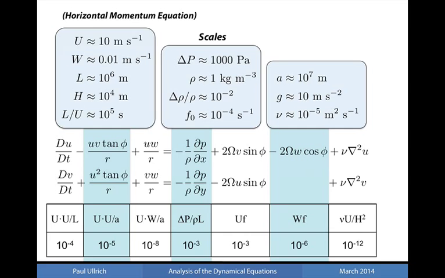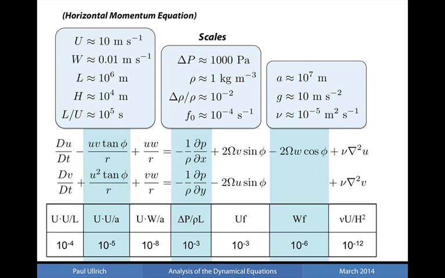Okay, so let's take these scales then and apply them to the horizontal momentum equation. We'll use the functions for scale that we derived on the previous slide and substitute in our values for large-scale mid-latitudinal systems. If you perform this substitution, you'll notice that the acceleration term has a scale of 10 to the minus 4 meters per second squared. The first curvature term has scale 10 to the minus 5 meters per second squared.